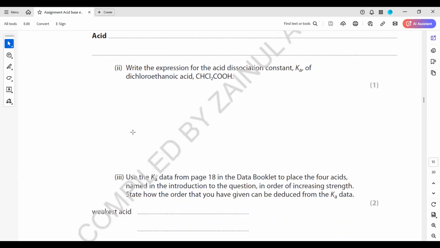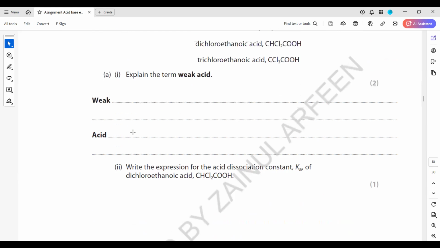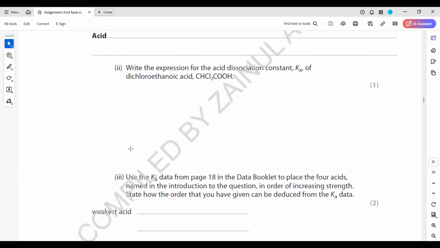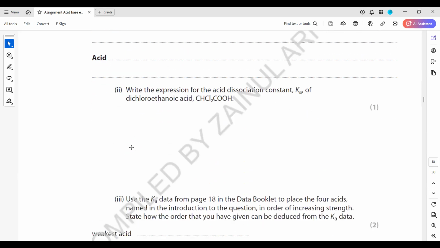Write an expression for the dissociation constant for dichloroethanoic acid. If the dichloroethanoic acid is dissociated, what will be the expression for that? Because acids are proton donors, they will always donate or give out a proton.